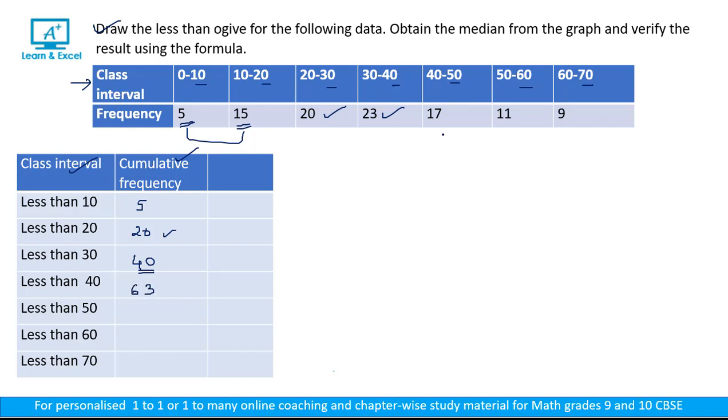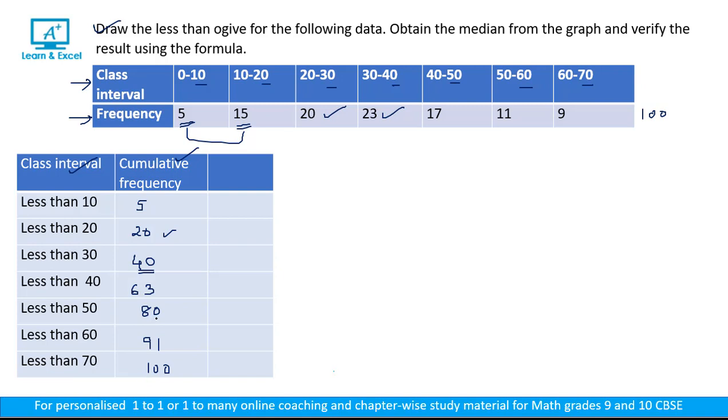The next cumulative frequency for less than 50 will be 63 plus 17, which is equal to 80. Then 80 plus 11 is 91. Then 91 plus 9 is 100. When we add all these frequencies, we also get 100. And the cumulative frequency for the last, less than 70, will also be 100.